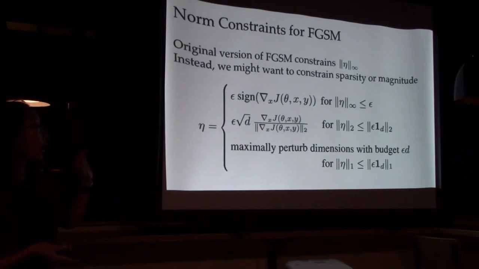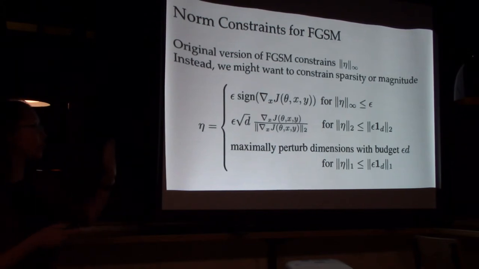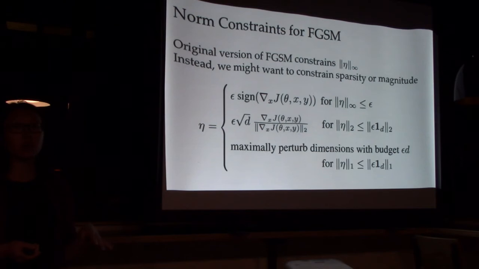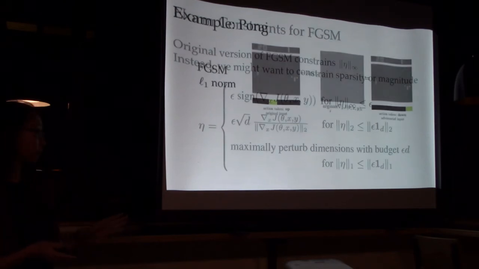And so this slide is basically just saying that even if you use these different constraints and apply FGSM, you still get these closed form solutions for the optimal perturbation that are really easy to calculate.